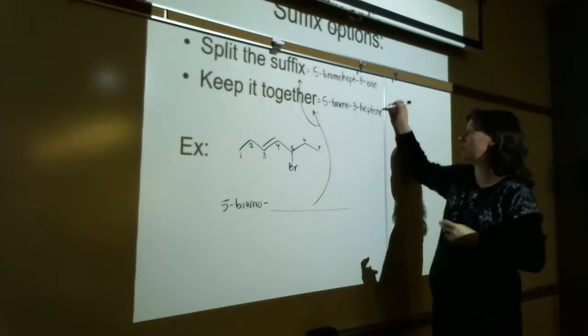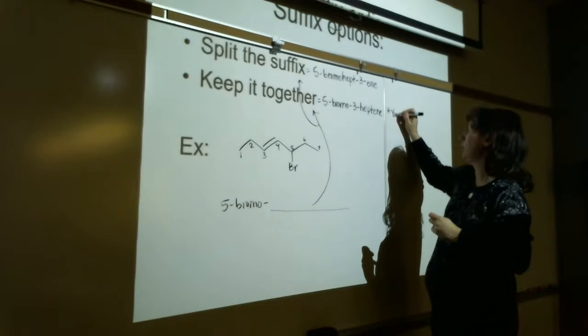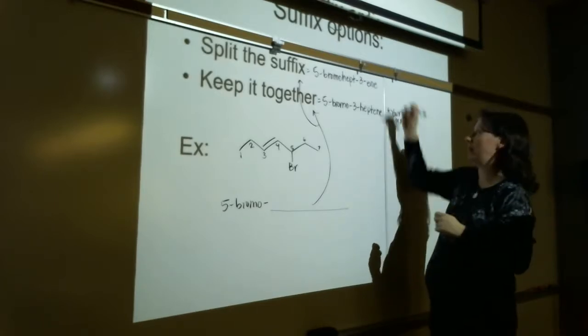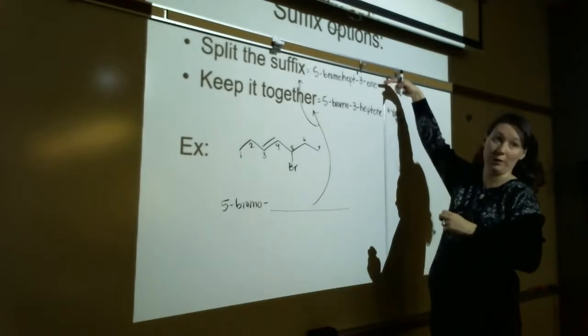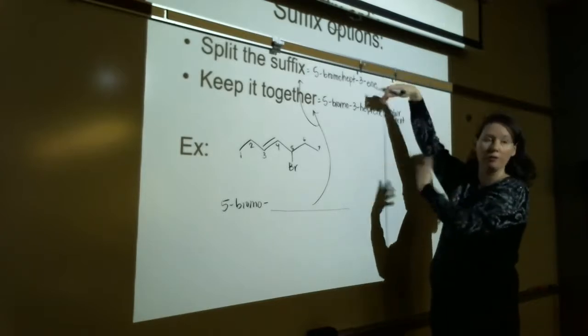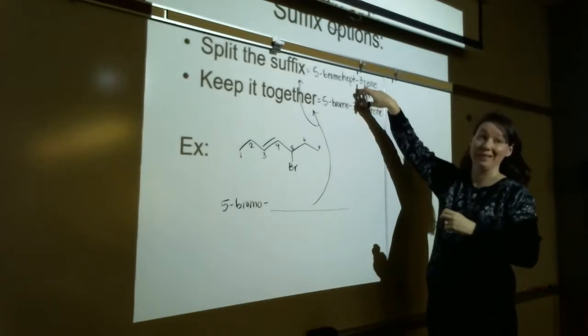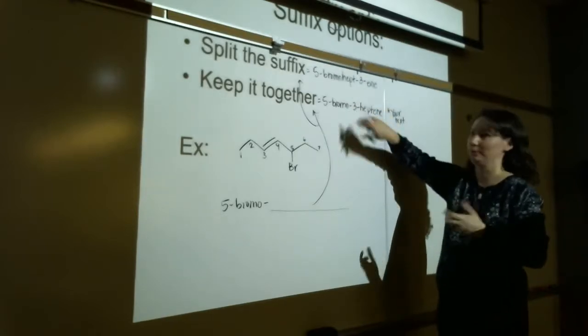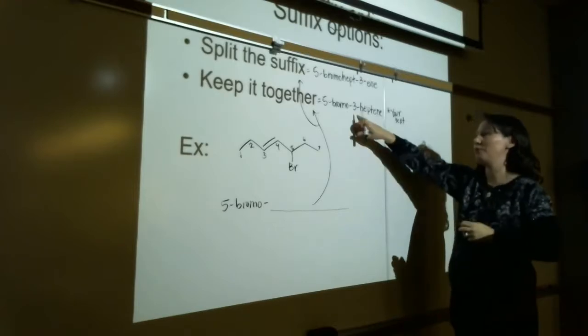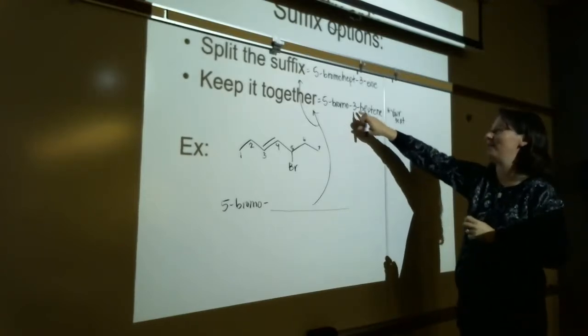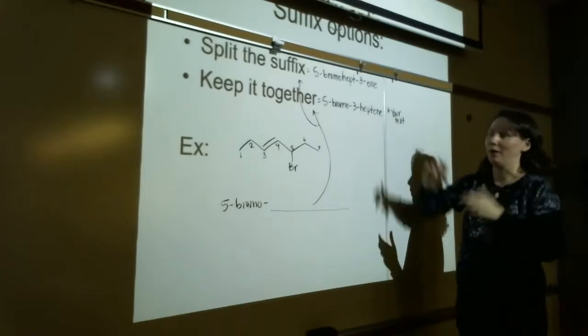And your textbook is going to do it this way, but lots of other texts are going to do it this way. So I always show you both, so when you go on and take full organic, you're probably more likely to see this, but you might see this too. Most elementary organic students prefer this method just because you don't have a number right in the middle of the word.